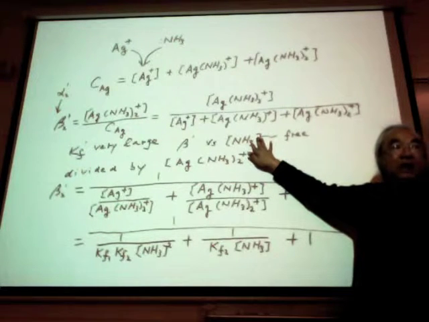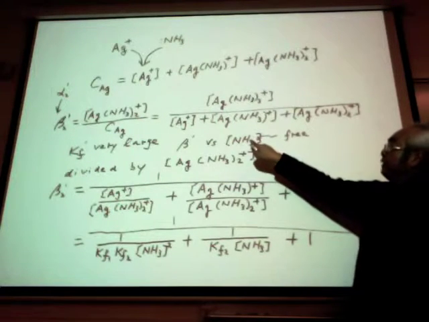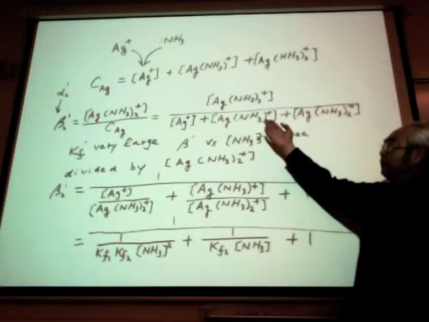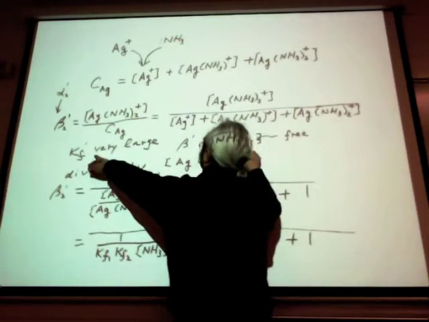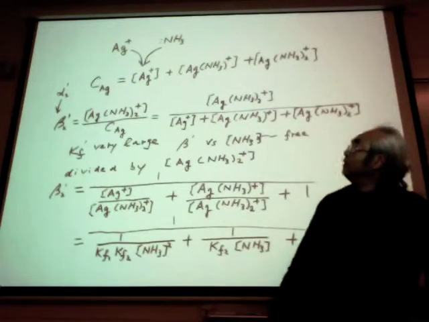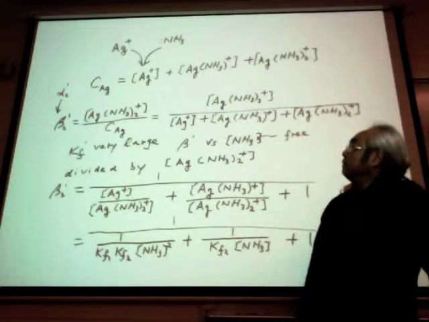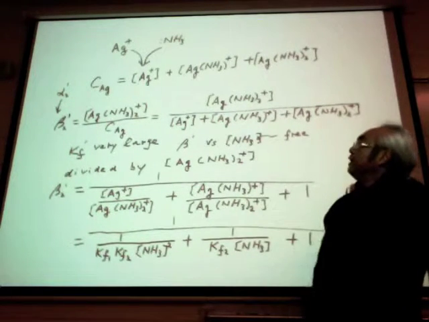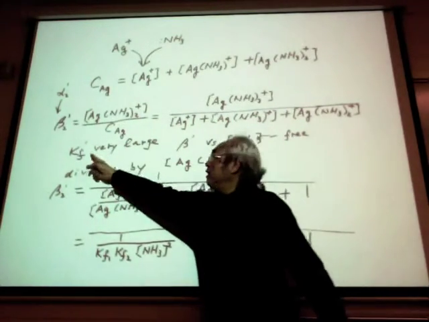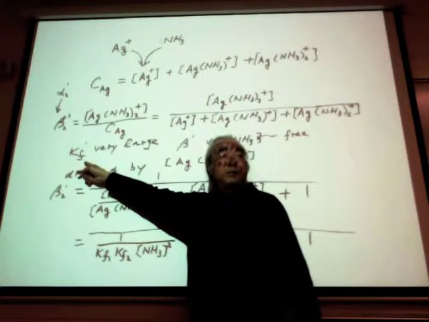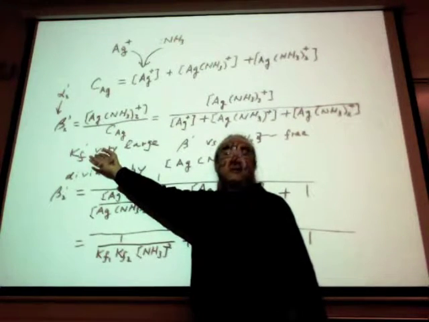Experimentally, you can design that, simply using concentrations, by knowing this quantity and of course the Kf values. Silver is going to be limiting, a small quantity compared with that, and this is specific for the particular complexation. Once you have this, you know the system is between silver and ammonia.